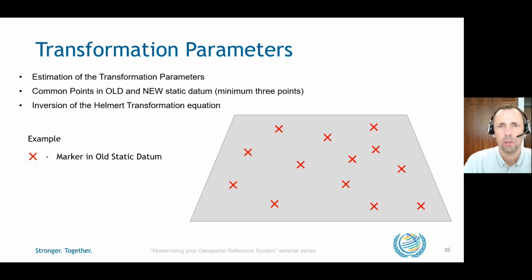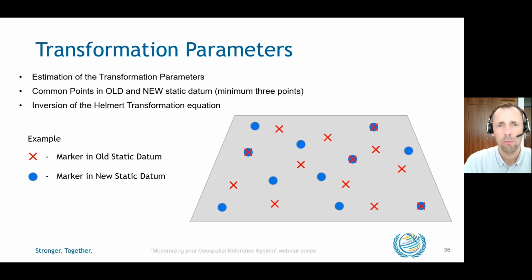Before using the Helmert transformation equation for a particular transformation between two given datums, the 7 transformation parameters have to be estimated. For this, we need common points that have known coordinates in both datums as well as an inversion of the Helmert transformation equation to solve the problem. The graphic on the right represents with the red crosses a survey marker in one static datum.